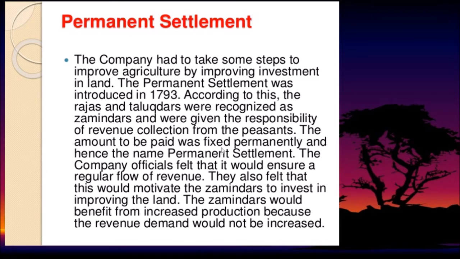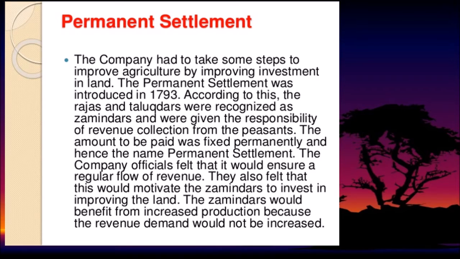The amount to be paid was fixed permanently and hence the name permanent settlement. The company officials felt that it would ensure a regular flow of revenue. They also felt that this would motivate the zamindars to invest in improving the land. The zamindars would benefit from increased production because the revenue demand would not be increased.